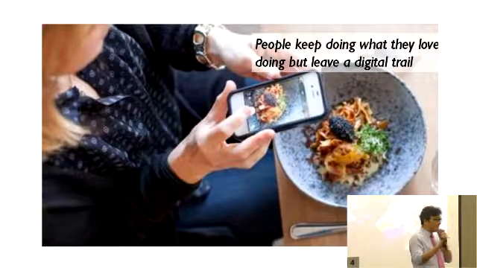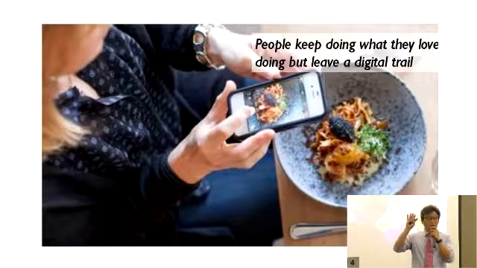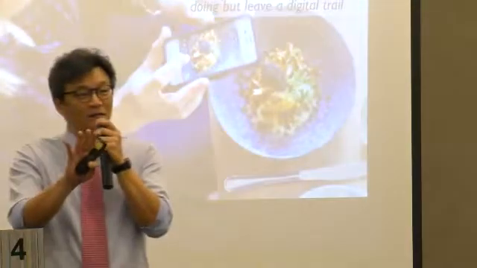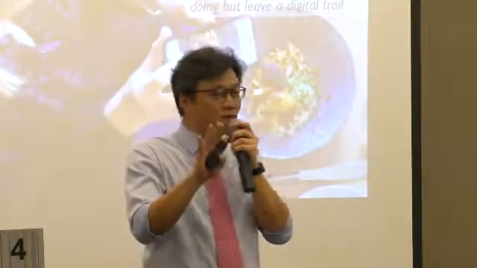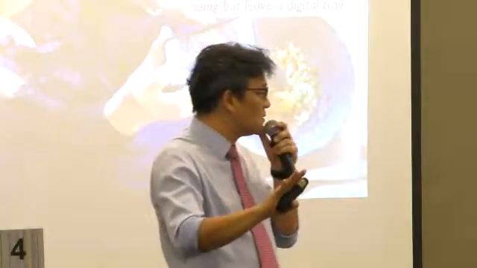Now it's creating new data in digital form that we didn't capture before. Companies did not know that people liked that kind of dish. Now, because we have Instagram, and somehow people like taking photos of food. I don't know why, but if you go to a restaurant, people don't eat. People just take photos. It's so weird.